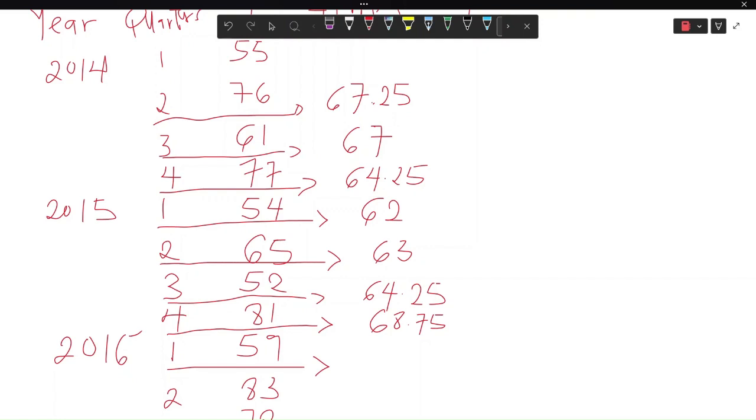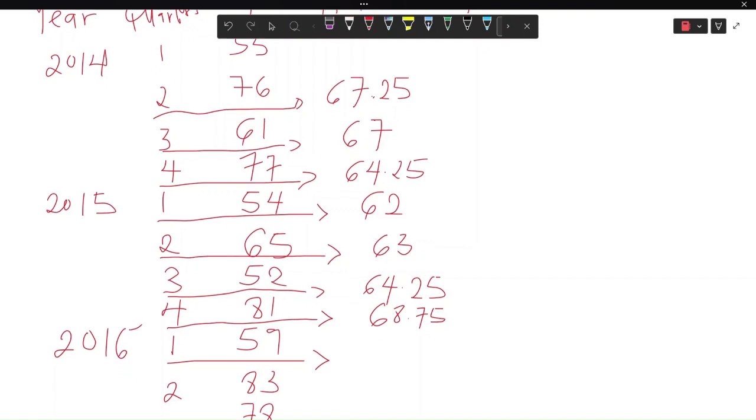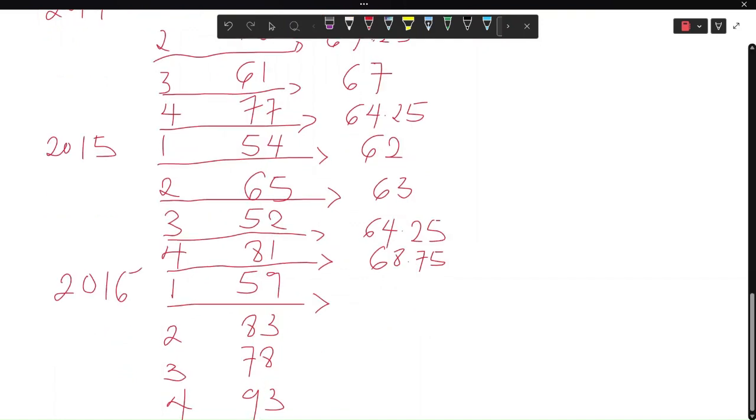81 plus 59 plus 83 plus 78, divided by 4, 75.25.